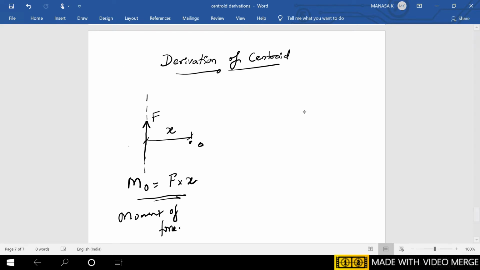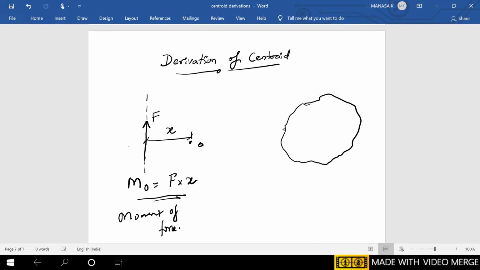Now, in this case, the centroid is important to find out in such a way that you have to find out the moment of area or moment of inertia. That is, here you need to calculate the moment of area. If you are given such an irregular area, first you need to find out the centroid in such a way that you need to find out the moment of this area.